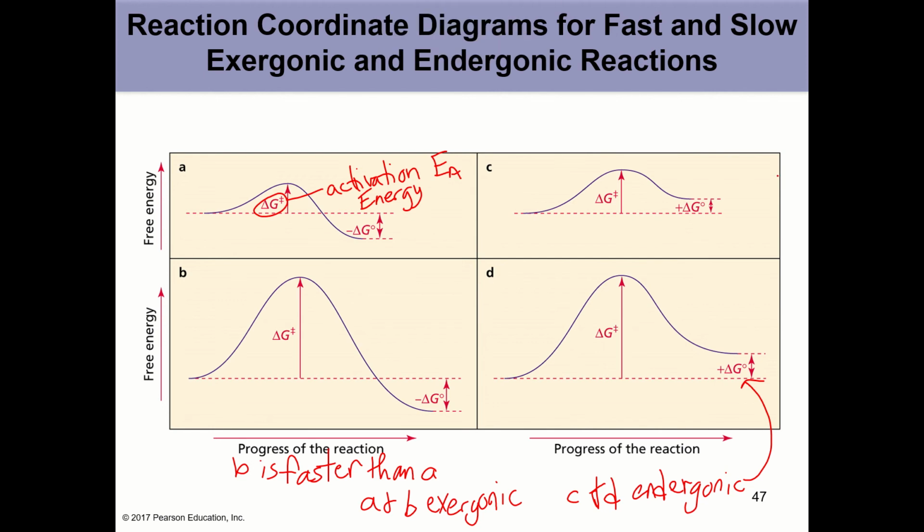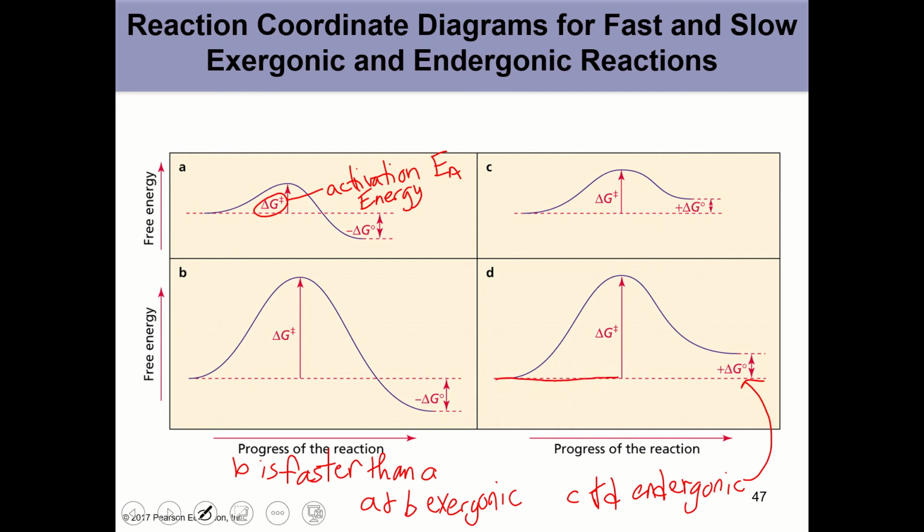And we can say that B is faster than A, but I can also say that C is faster than D because the transition state energy is less for C than it is for D. And we're looking at the value from the energy of the reactant to the absolute maxima of the graph.